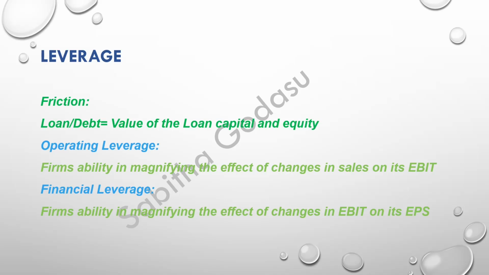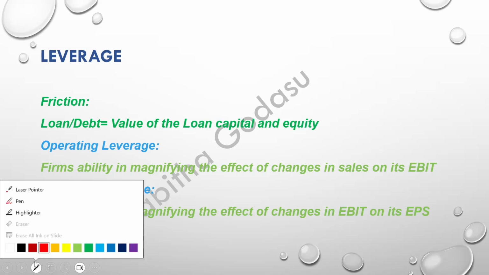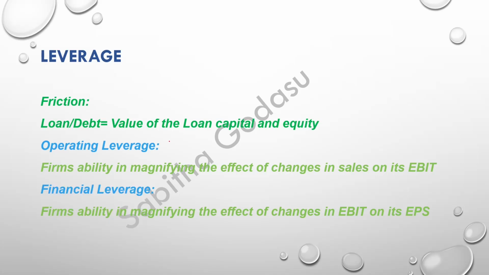Now, here we have two different types of leverages. One is operating leverage, the other one is financial leverage. Operating leverage talks about the relationship between sales and EBIT. If you want to see changes in EBIT levels, then what could be the changes in sales?